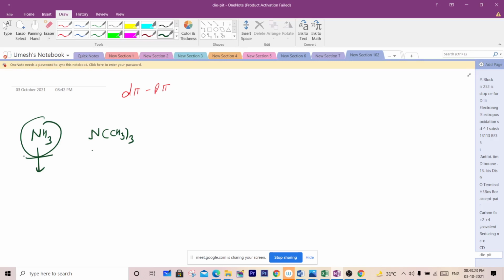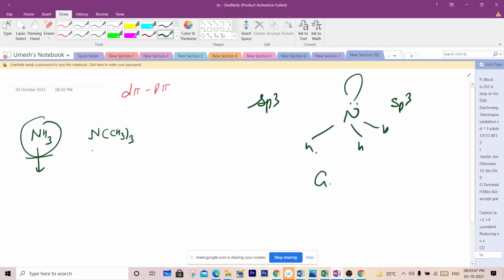Is it sp3? It should be sp3, right? One lone pair and 3 bond pairs are there. So it is an sp3 hybridized orbital, and the geometry is tetrahedral.